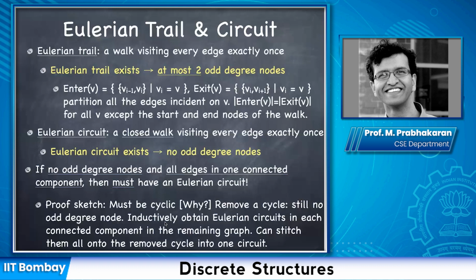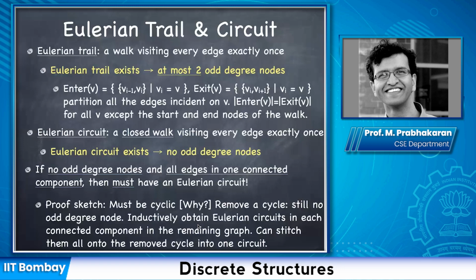And then the last step is to stitch all these together into a big Eulerian circuit. So you start by taking the cycle you have, and one of the Eulerian circuits that you obtained inductively; they must intersect somewhere. That's how the graph got disconnected.